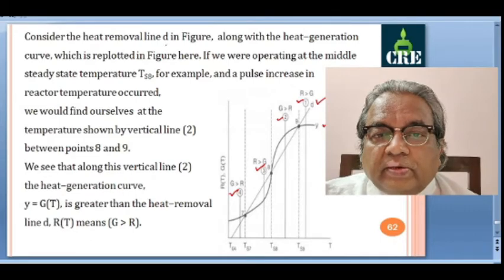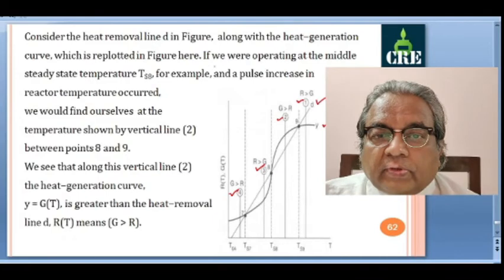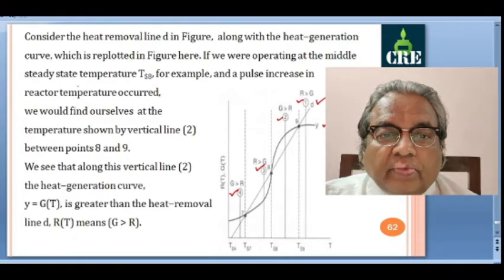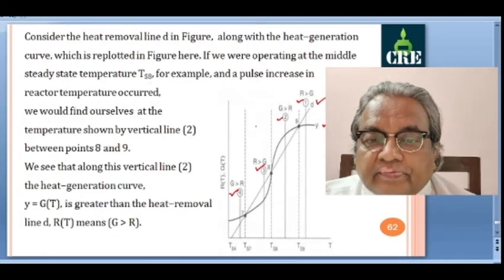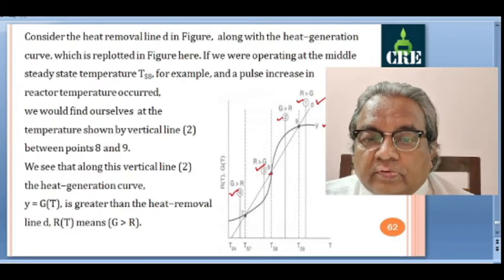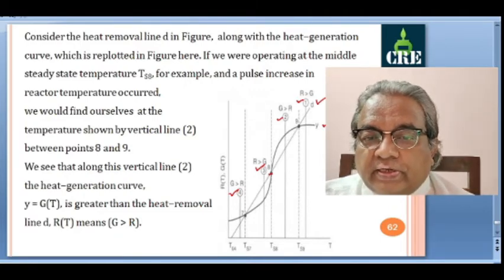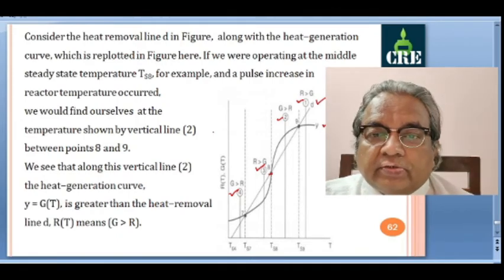Now we are considering the heat removal line D along with the heat generation curve Y. If we are operating at the middle steady state temperature TS8, here middle steady state, so we are considering a curve, this D, where we have these points TS7, 8 and 9, where 7 is on the lower steady state line, 9 is on the upper steady state line and 8 is in the unstable region.